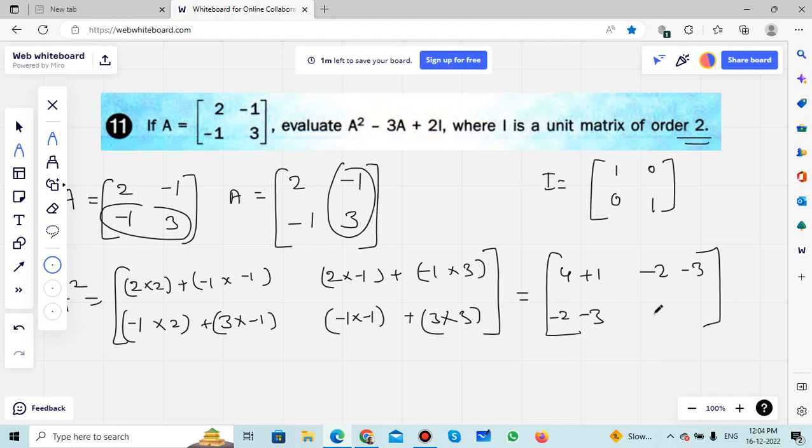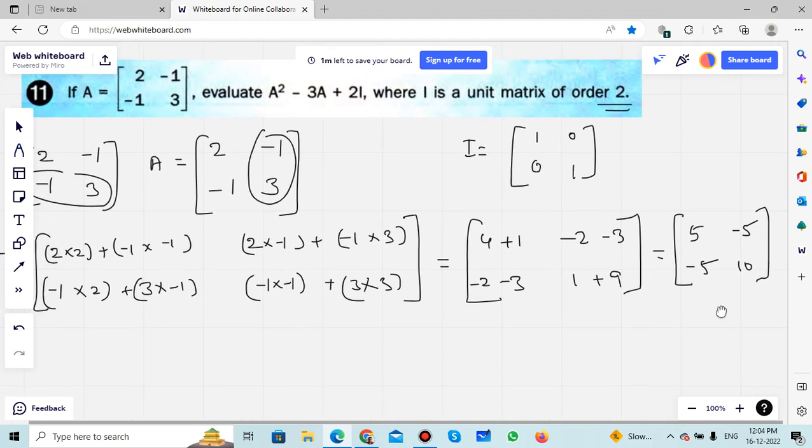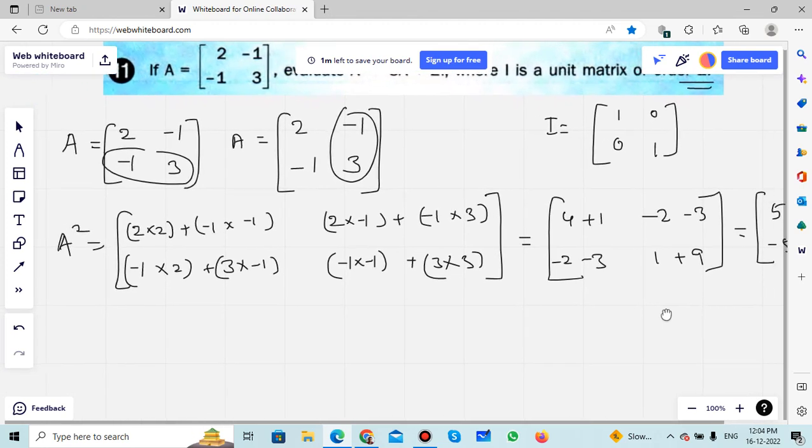This will give you plus 1 and plus 9. So what do we get? We get 5 minus 5 minus 5 and 10. Okay, so this is the matrix that we have got for A squared.